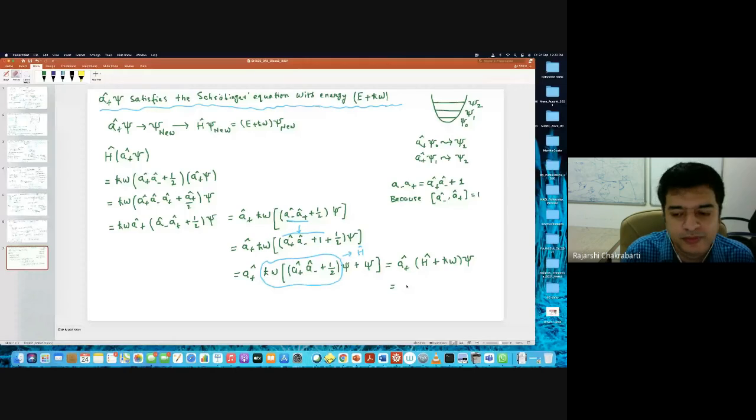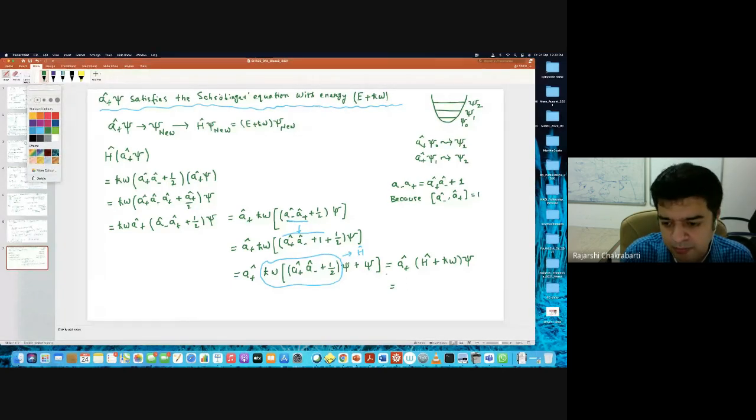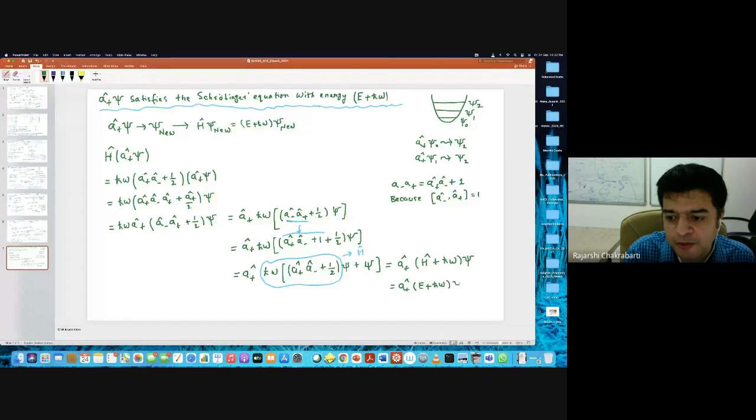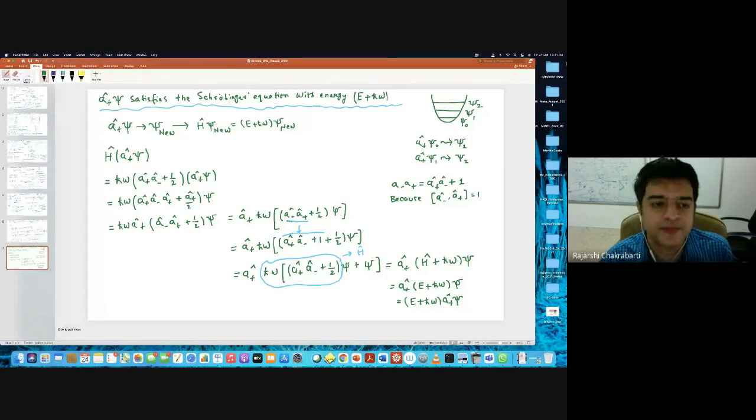So A plus times this is E plus H cross omega into psi, which is nothing but E plus H cross omega into A plus psi, because this is a constant. So I have proved the statement.